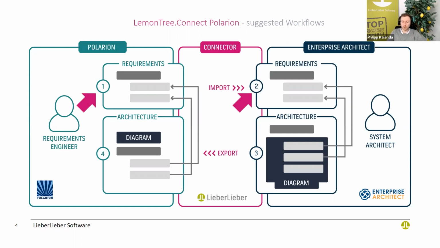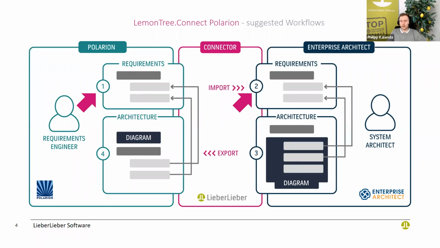This is very important because then we can answer multiple questions. So which requirements have not yet been implemented, which architectural components, which ports, which blocks or whatever create which traceability links to which requirements.